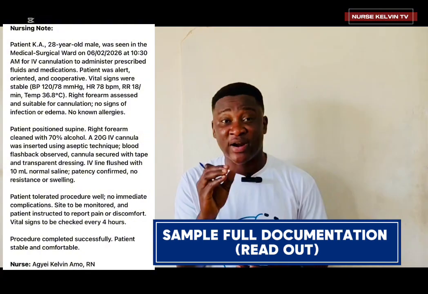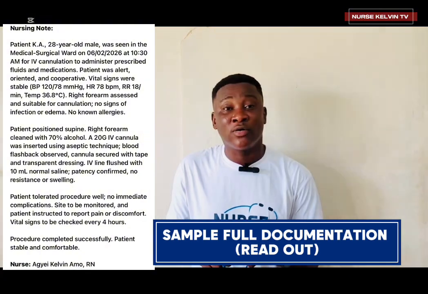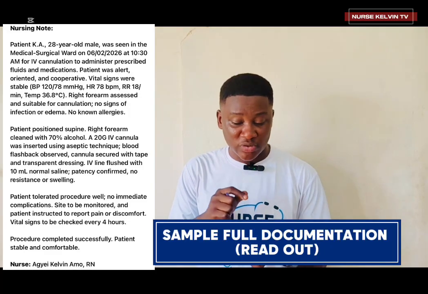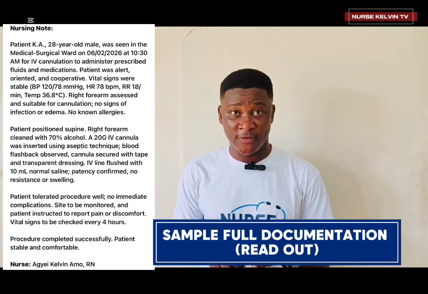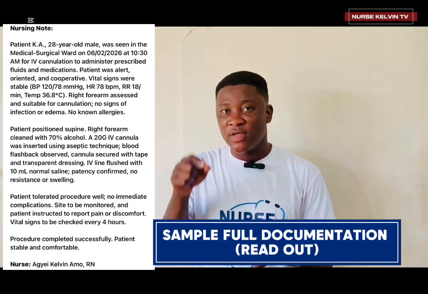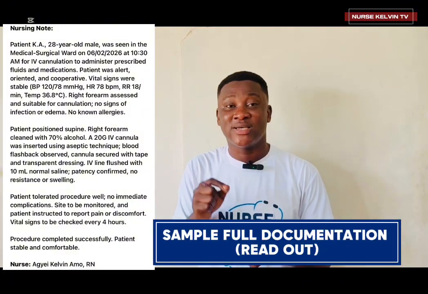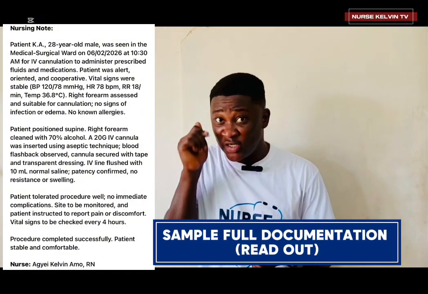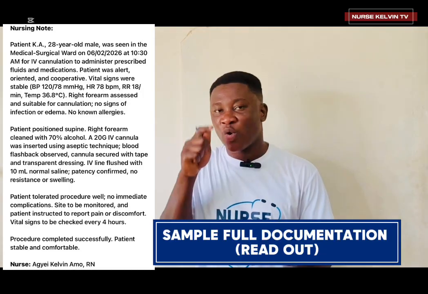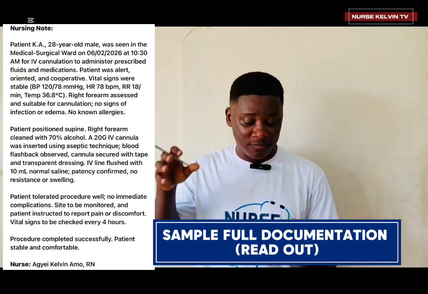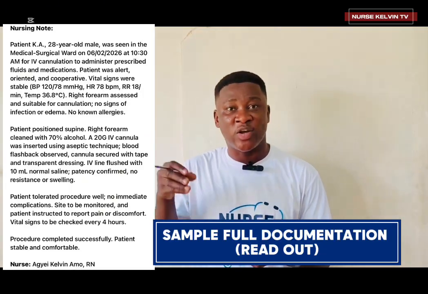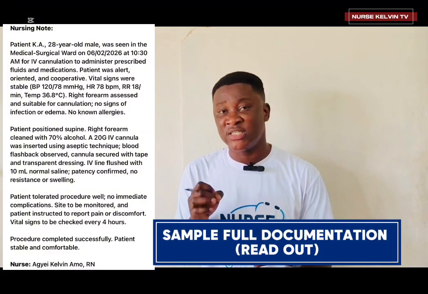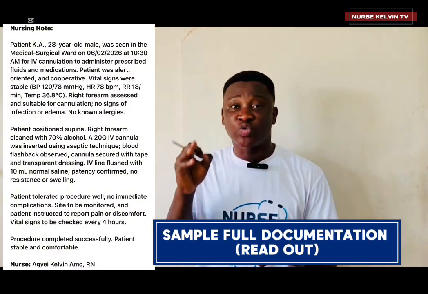In the first paragraph, we have the medical charge. When you are starting, you talk about the patient's name, the patient KA. Then I also told you we will talk about the age, which is 28 years. Then the medical surgical ward, and also the date, 6 February 2026.